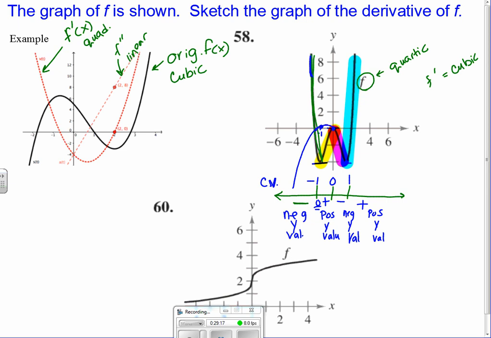So there's a little time frame where I'm above the x-axis for positive y values. Then I'm going to go back below so that I have negative y values, coming back up at 1 here where my slope was 0. So I'm down below for a little bit, and now I'm back above, heading like that. Does that turn out looking cubic in nature? It did, didn't it? And there's the first derivative.